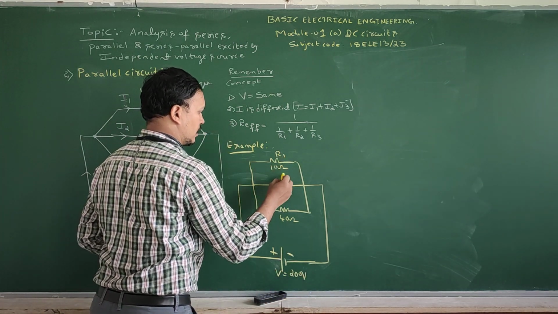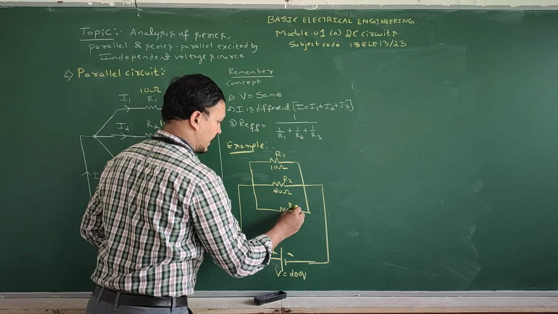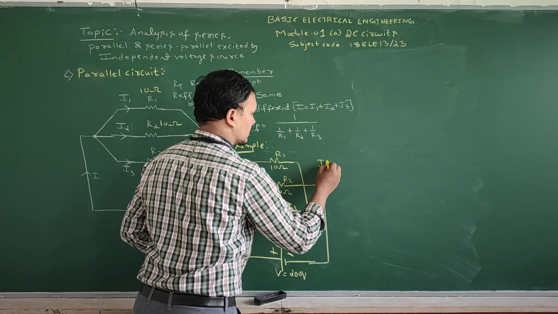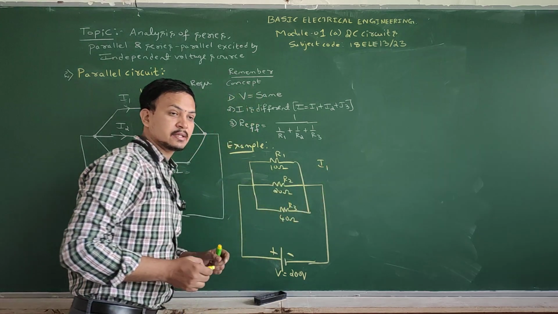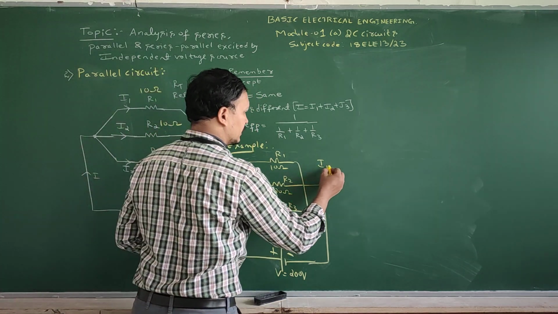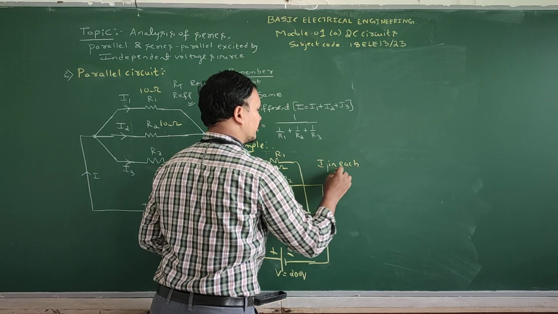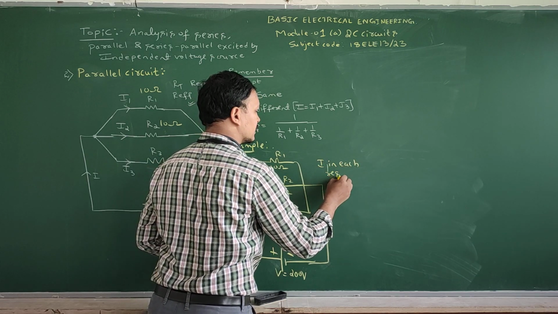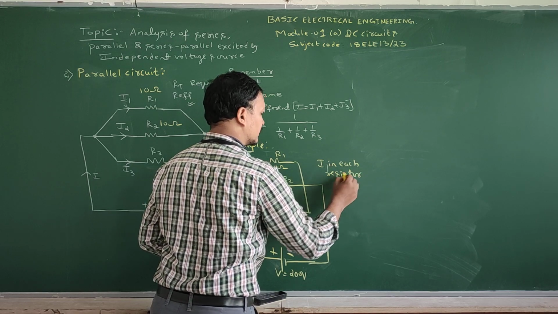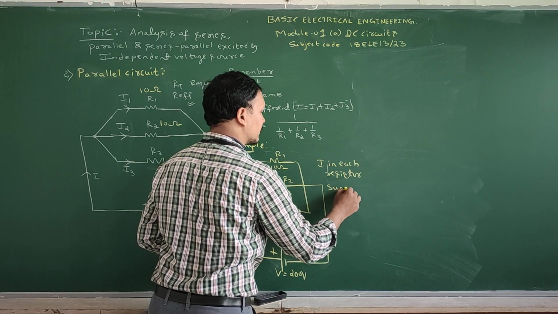So you can take R1, R2 and R3. My question is, you should find the current in each branch. Find the current in each resistor. Then second question, find the supply current.